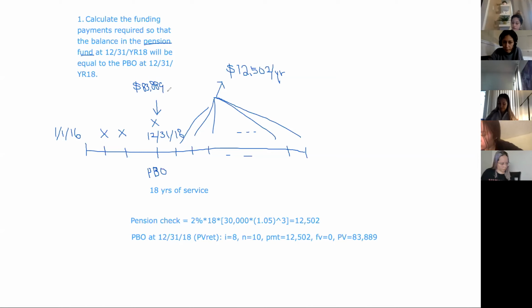Then the question is, calculate the funding payments required so that the balance in the pension fund at December 31, 18 will be equal to the PBO at December 31, 18. So how much does the company have to save, this X, for the next 3 years at the end of each year to have this 83,889 at the end of the third year?